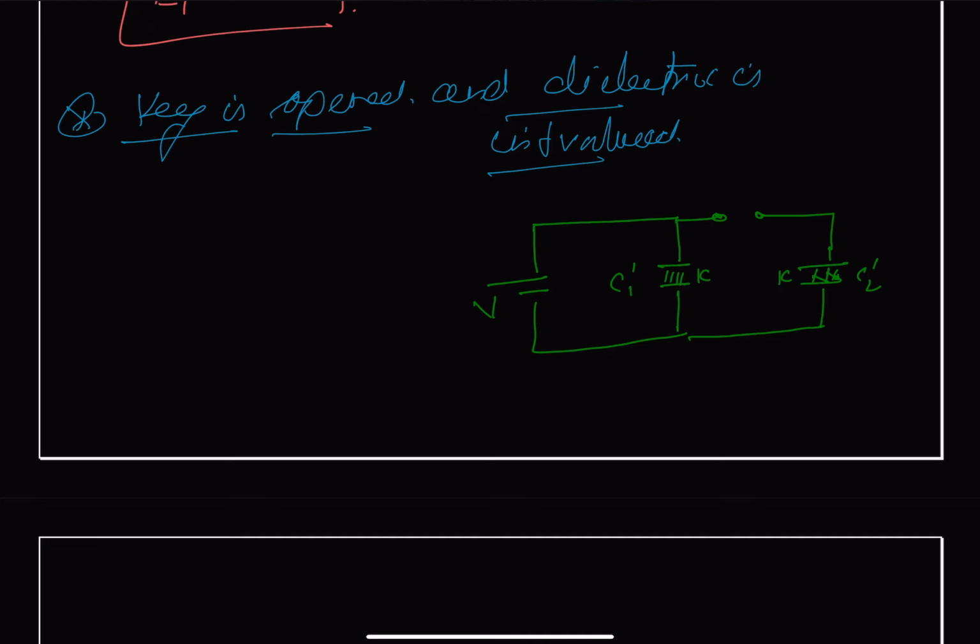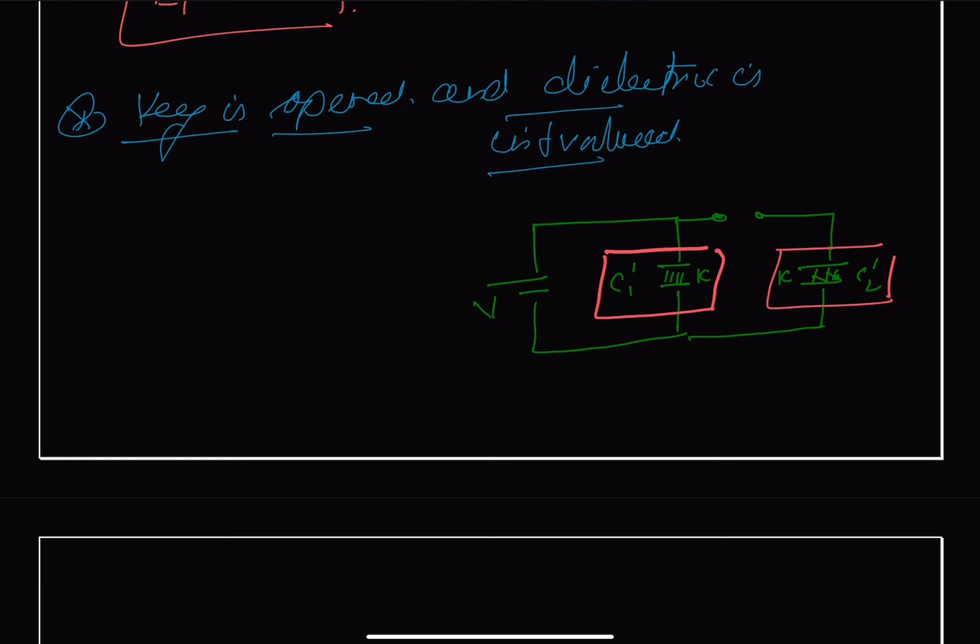So from the figure we can clearly see that this capacitor is having the same voltage V connected to it, but our C2 is going to have the same charge.